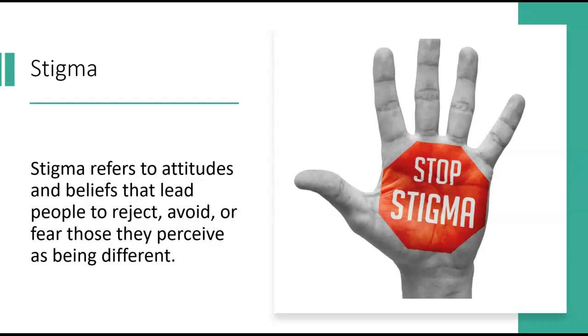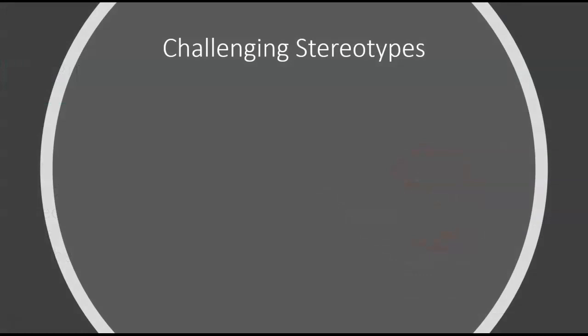And I talked in that orienting lecture about how mental illness stigma functions in our culture and the negative impacts it has for people who have mental illnesses, but for all of us as a culture.